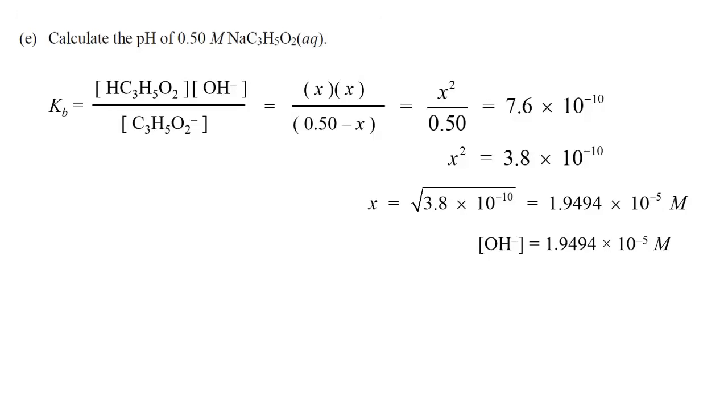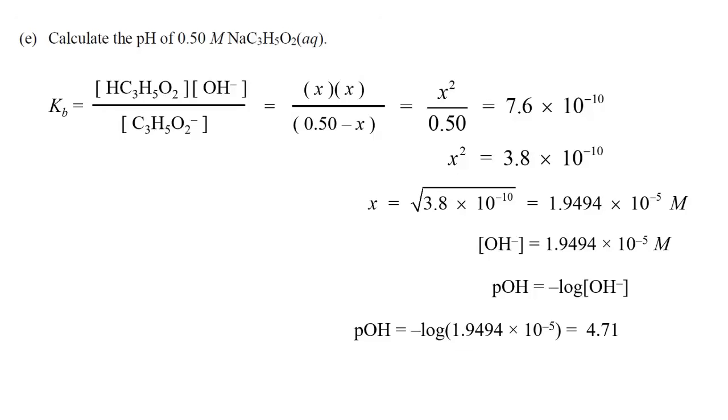So how do I get the pOH? Recall that pOH is equal to the negative log of the concentration of hydroxide, so all I have to do is take the negative log of this number. So the negative log of 1.9494 times 10 to the negative 5 gives me a pOH value of 4.71.